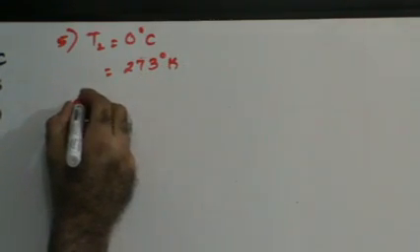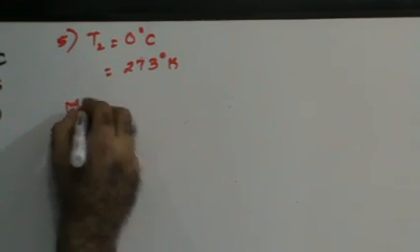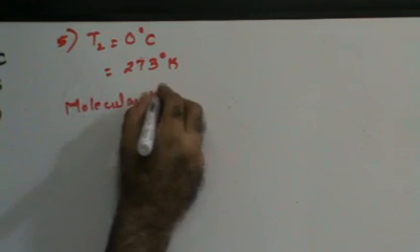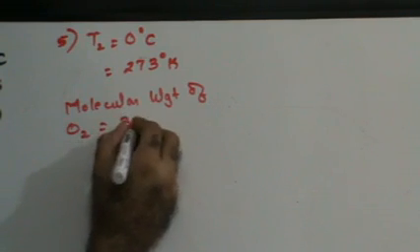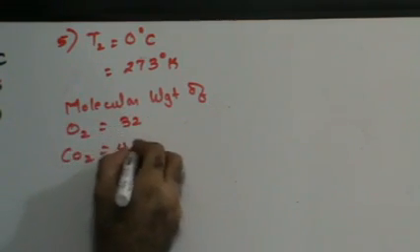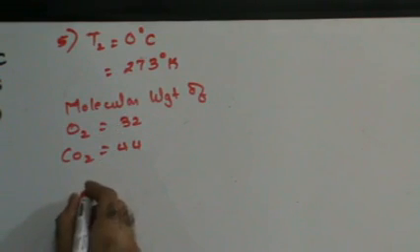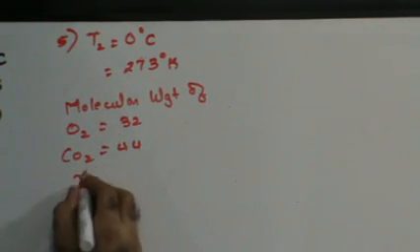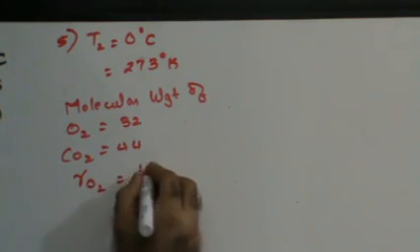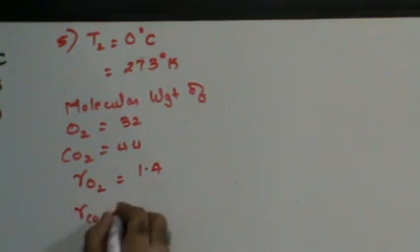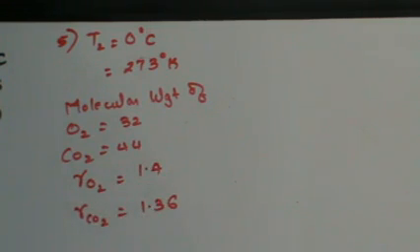They give you the molecular weight of oxygen as 32 and carbon dioxide as 44. The specific heat ratio for oxygen is 1.4 and for carbon dioxide is 1.36.